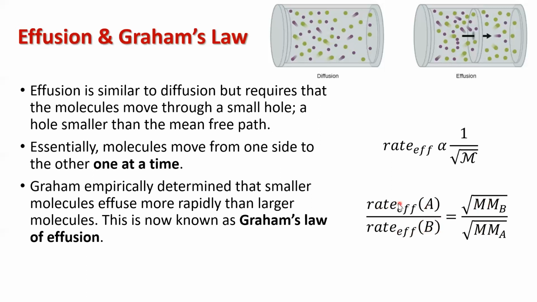The relative rate of effusion of two gases is equal to the square root of their inverse molar masses. The lighter the mass, the faster the effusion rate, and the heavier the mass, the slower the effusion rate.